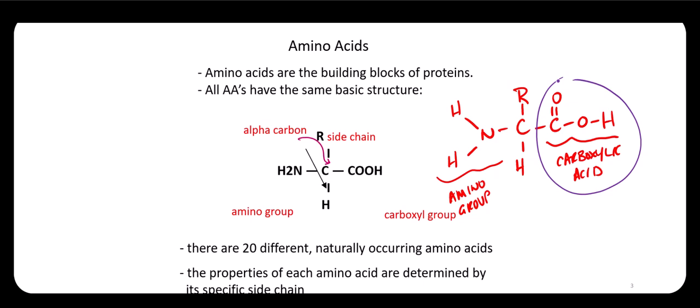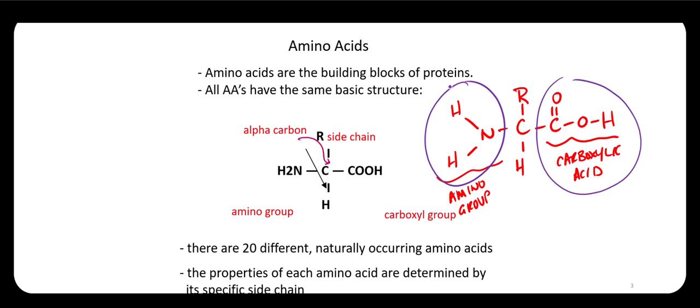And you know that's a carbon double bonded to an oxygen, single bonded to another one, single bonded to a hydrogen. And we're going to learn those, so we'll do a section where we learn those. Same thing here. Rather than saying I have a nitrogen single bonded to two hydrogens, I'll say I have an amino group.